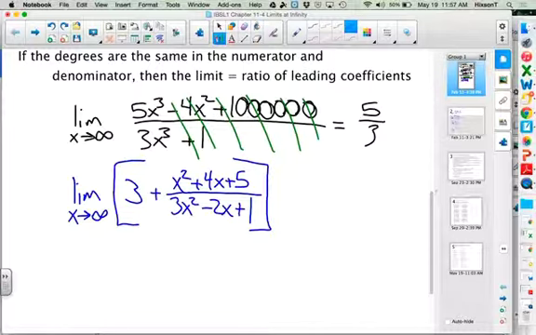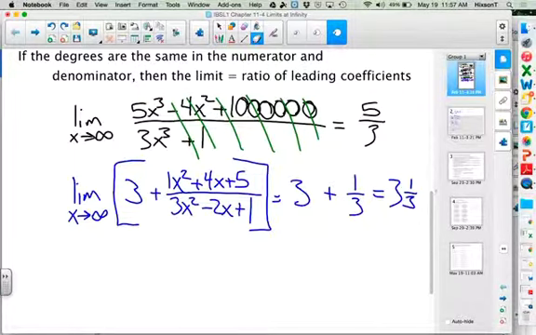What did we say about the limit of a sum? It's the sum of the limits. So what's the limit of a constant? It's the constant, 3. So this is 3 plus 1/3. The degrees are the same, so it's 1 over 3. So 3 1/3. Do be careful about variations like that, but the rule still applies. The rule can be used within another problem.